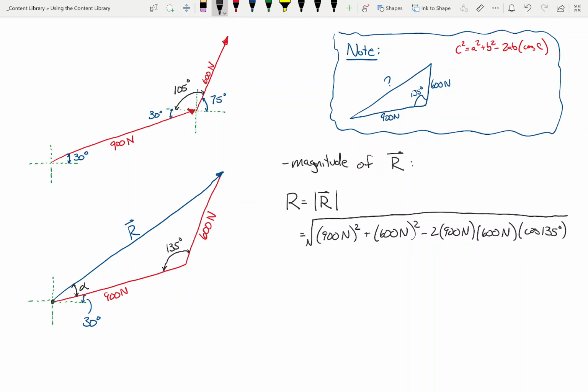You see how I did that? It's just the law of cosines applied to this triangle. I know this, I know that, I need to find this side. And so I'm just taking the square root of all of it.